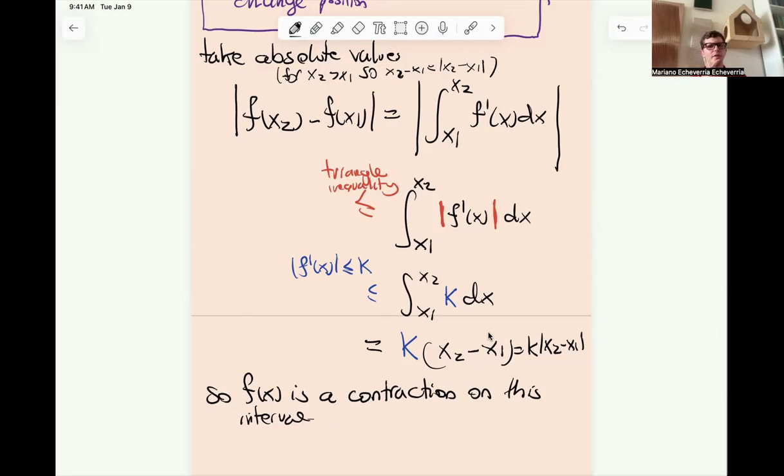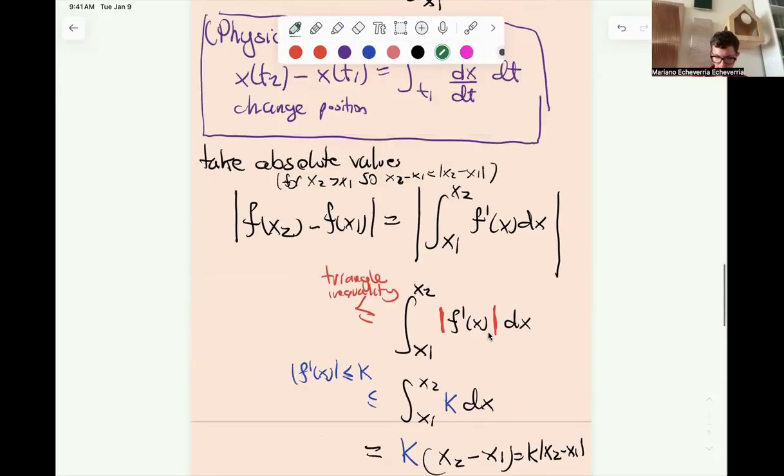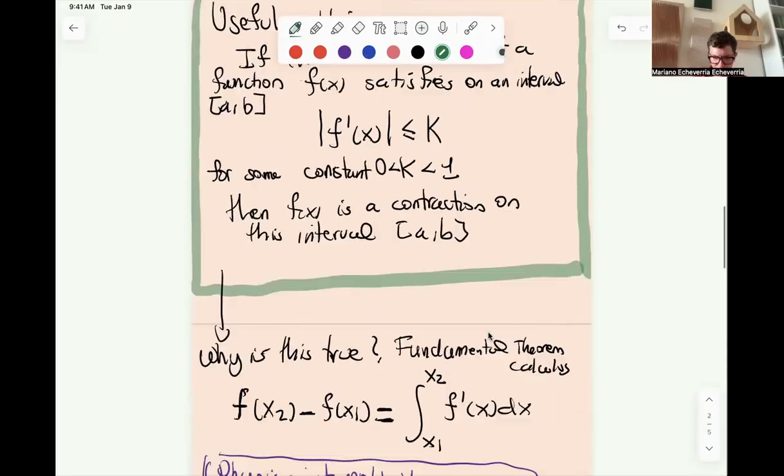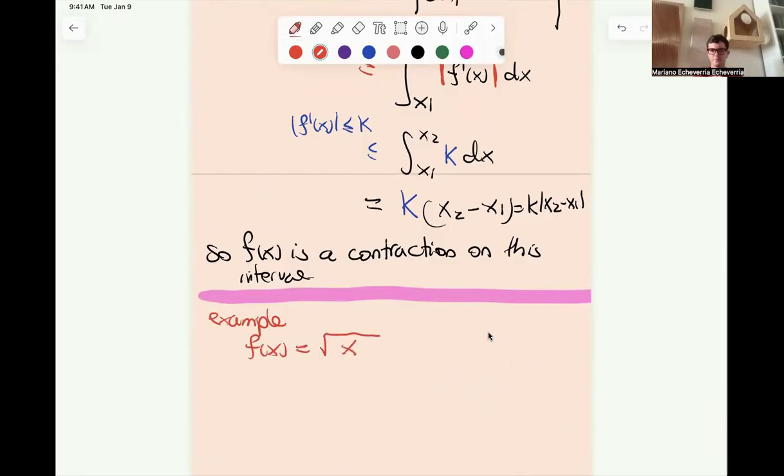Okay, let me do an example just to show you how this works. Here's an example. Let's say you have this function square root of x, which we all know. I'm using red for the function. Here's a question I could ask: on which interval is this function a contraction?